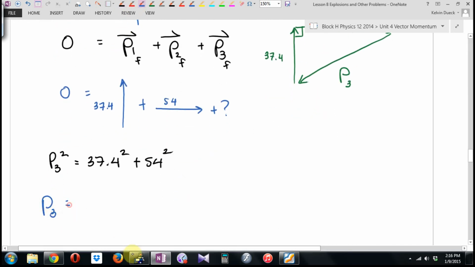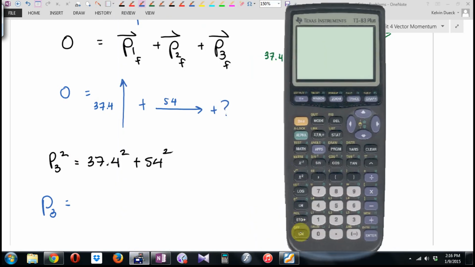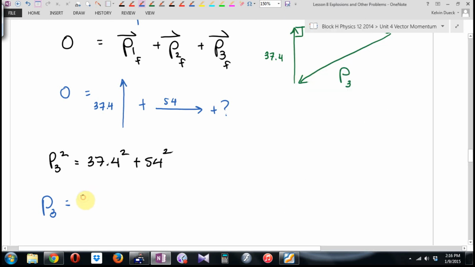So the momentum of that third mystery piece is the square root of 37.4 squared plus 54 squared, which is 65.6868. It's not what they asked me to find. What did this question want me to find?